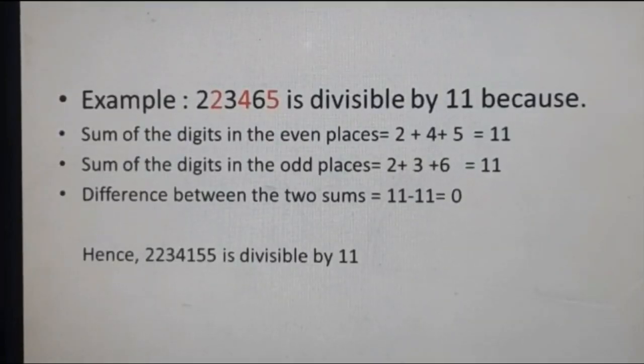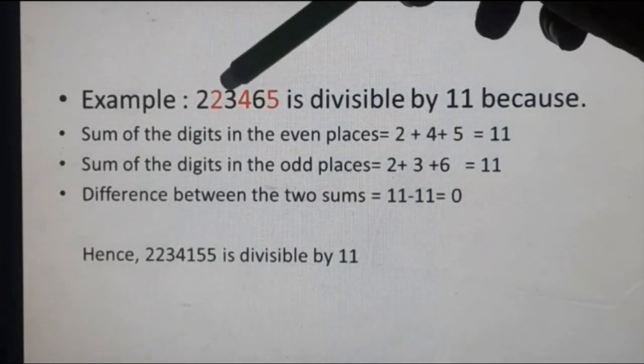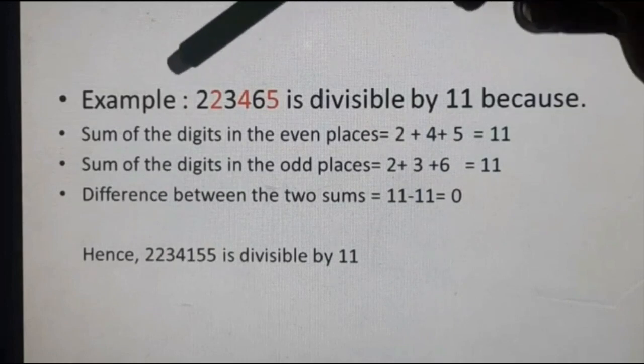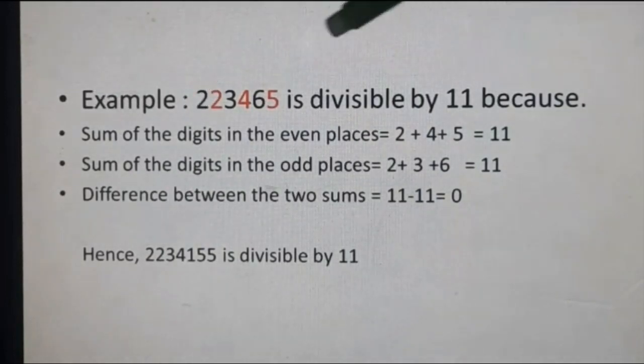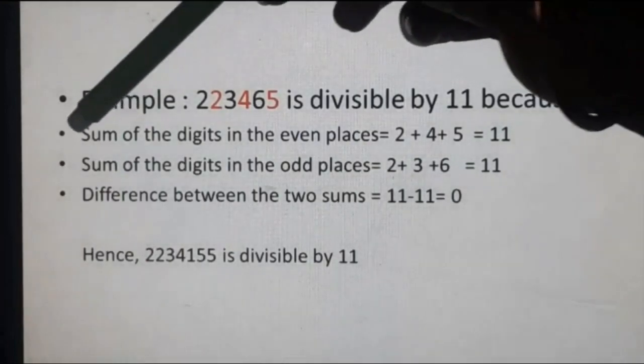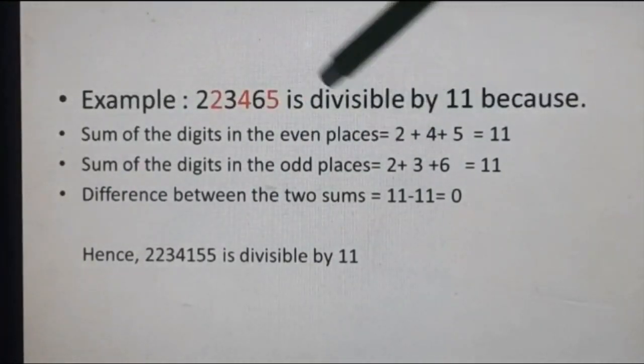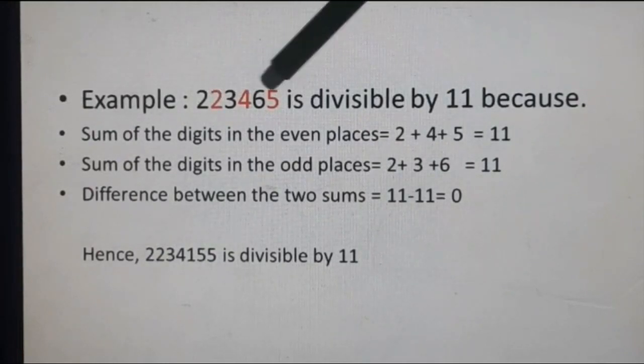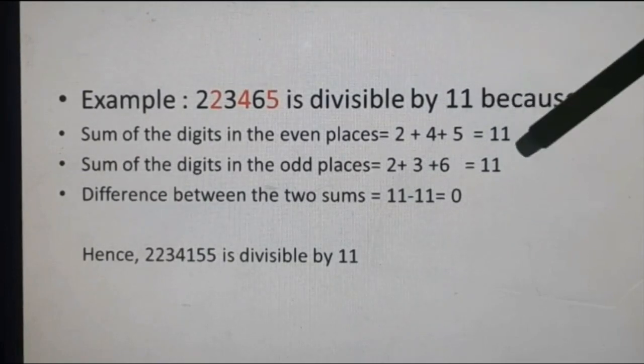Let's see this example. You can understand very well through this example. This number is given to us: 2,23,465. We have to check whether it is divisible or not. So the rule says we have to find the sum of the digits in the even places and the sum of the digits in the odd places. Sum of the digits in the even places: 2 plus 4 plus 5. 2 plus 4 is 6, 6 plus 5 is 11.